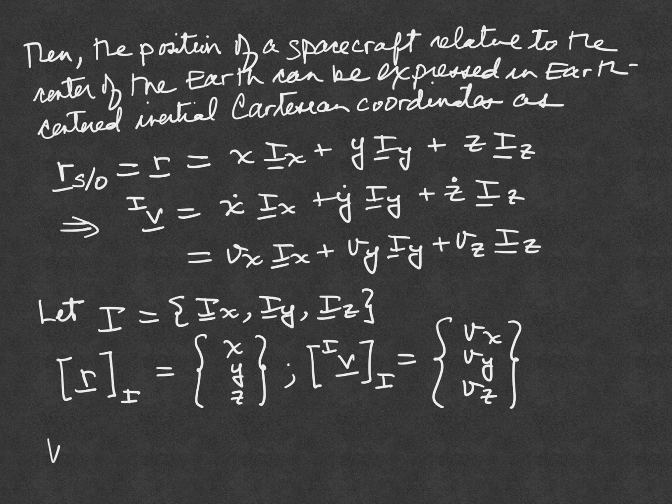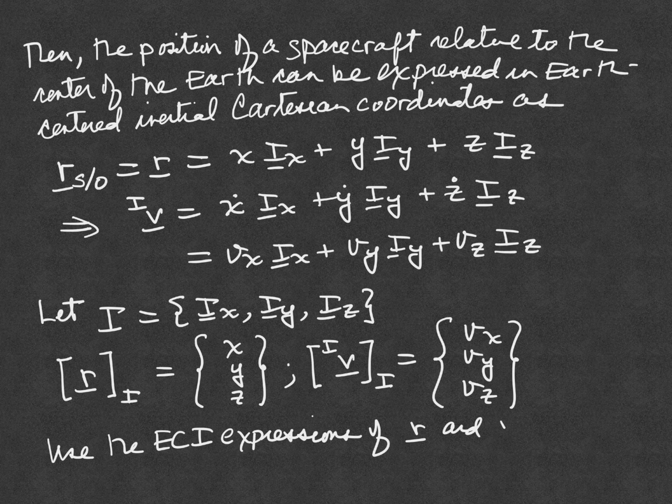So we're going to use the ECI expressions of R and V to formulate a description for the orbit in space.